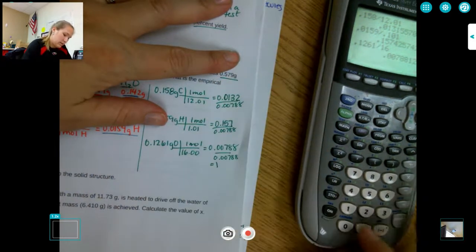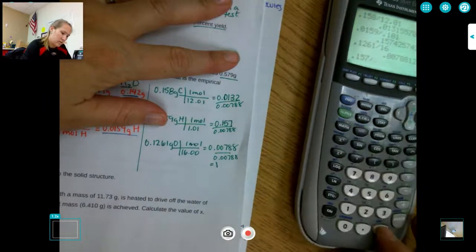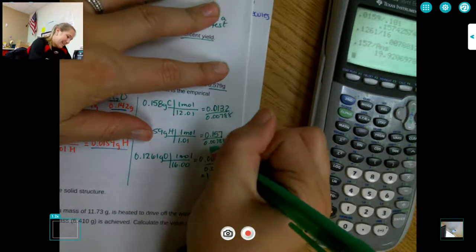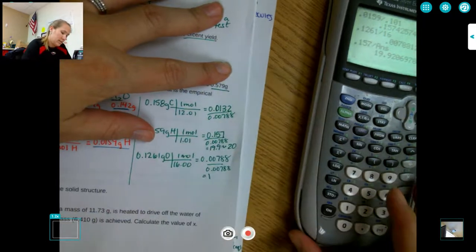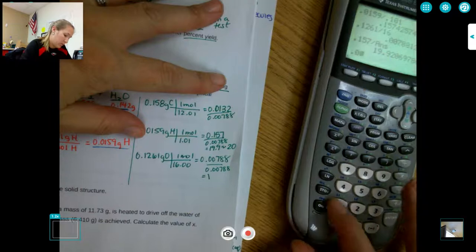That makes this 1. And this comes out to 19.9, which is basically 20. It's a big thing.